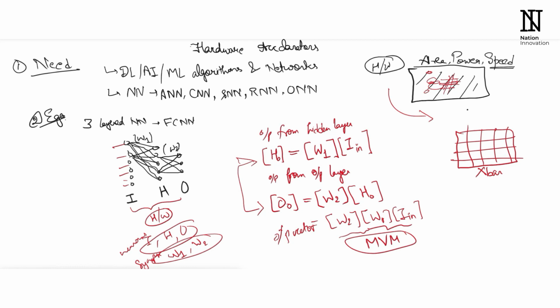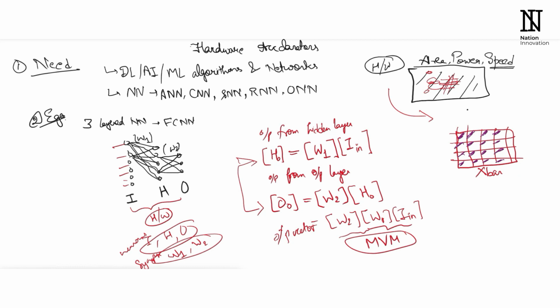Each synapse is a connection between a row and a column. So for example, this is my first synapse. Let me draw it with some other color. We have this first synapse, second synapse, third synapse, fourth synapse, fifth synapse, sixth synapse, seventh synapse, and all these synapses are connected here, right?